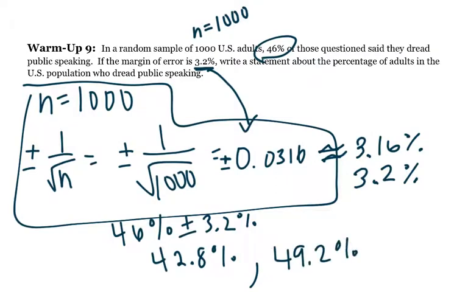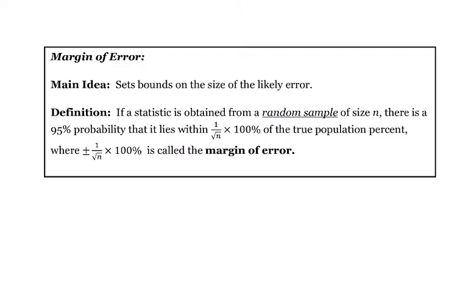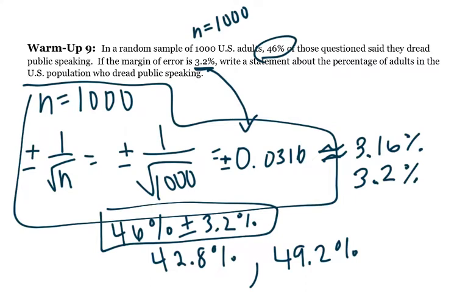So once we've used that margin of error to find our upper and lower limit for our percentages, we can say, because we're using a 95% confidence level, that's based on our definition of margin of error, we can say with 95% confidence that the percentage of the adult population who dread public speaking is between 42.8% and 49.2%.